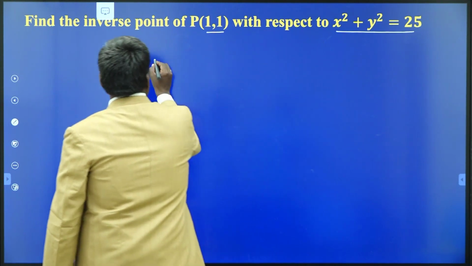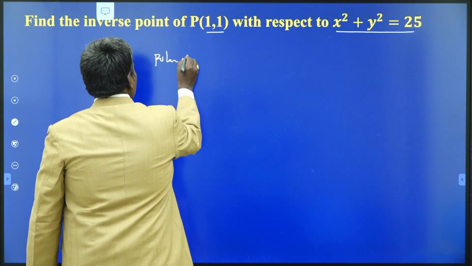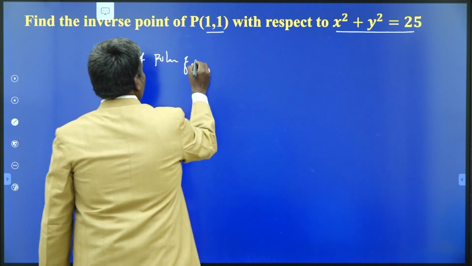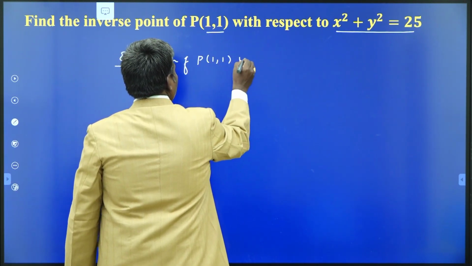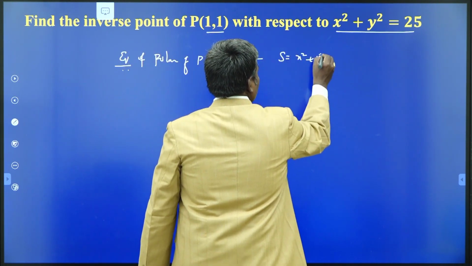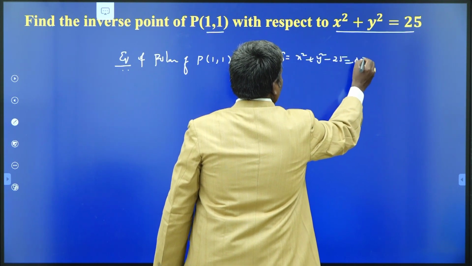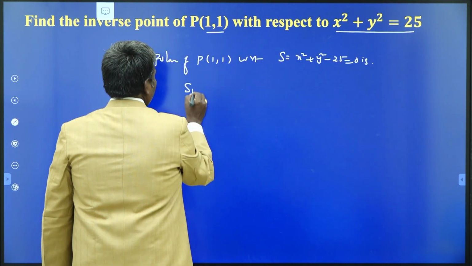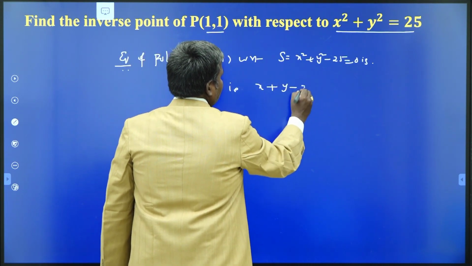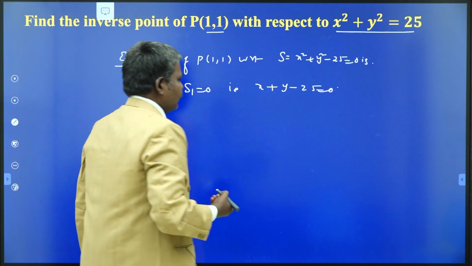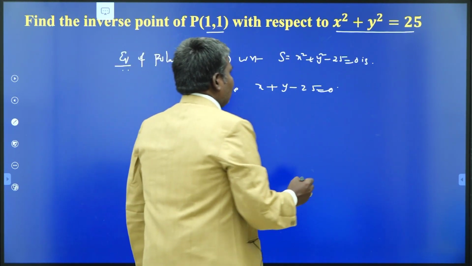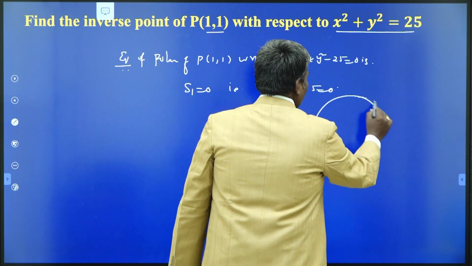What is the polar of P? Equation of the polar of P (1, 1) with respect to S equals x square plus y square minus 25 equals 0 is S1 equals 0. That is x into 1, x plus y into 1, y minus 25 equals 0. Now we have to find the foot of perpendicular drawn from the center or the given point to that line.